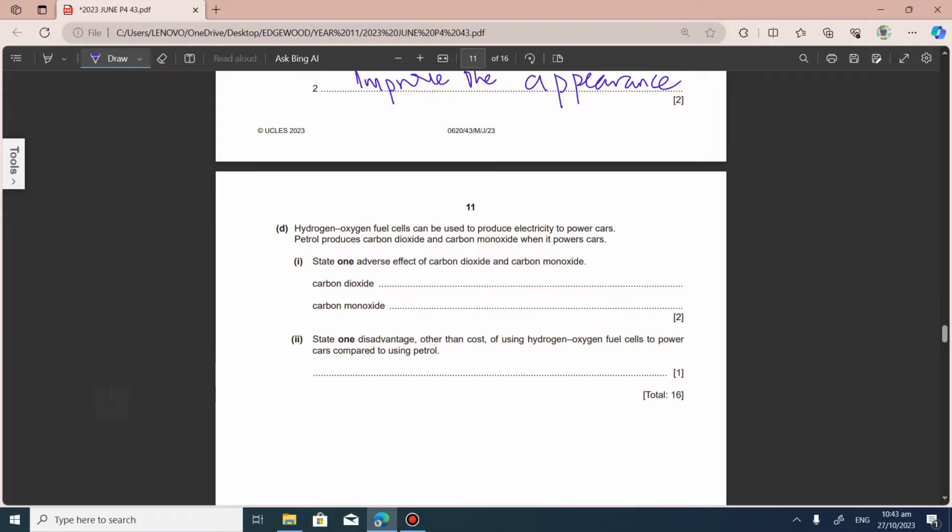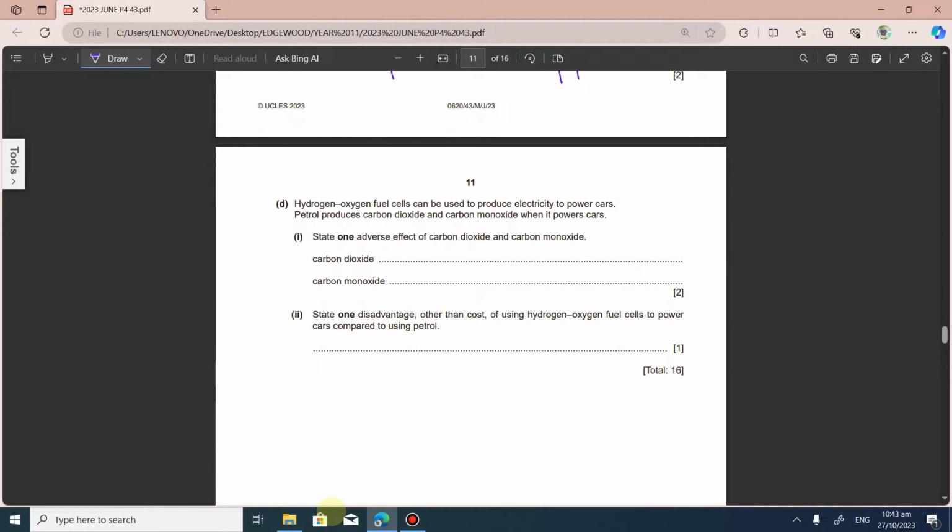All right, so let's go to the next question. Hydrogen oxygen fuel cells can be used to produce electricity to power cars. Petrol produces carbon dioxide and carbon monoxide when it powers cars. State one adverse effect of carbon dioxide and carbon monoxide. Now remember, carbon dioxide is a greenhouse gas, and what it results in is increased global warming, because that's one of the effects of greenhouse gases.